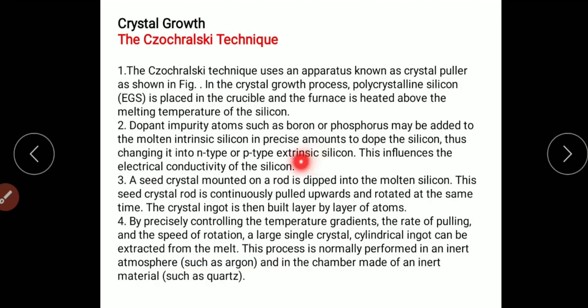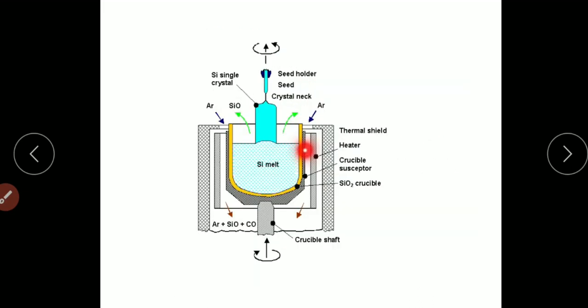So now we will see crystal growth. As I said, for crystal growth we are using the Czochralski technique. This technique uses an apparatus known as a crystal puller, as shown in the figure. So this is the arrangement of the Czochralski technique. In this there is a chamber.